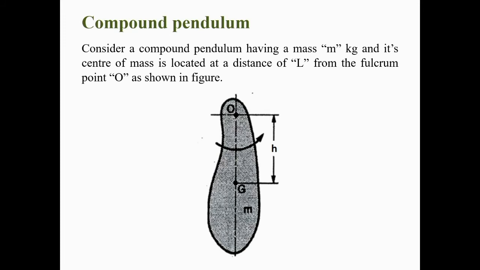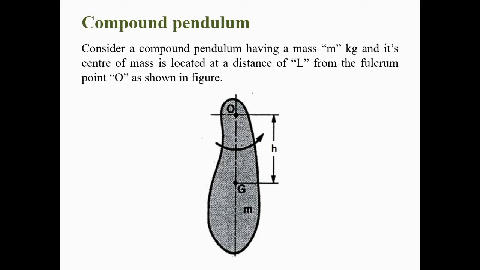If the geometry of the pendulum is known, then we can easily get the mass moment of inertia using the parallel axis theorem. But if the geometry is complicated, then we have to find the radius of gyration and mass moment of inertia using experimental methods like the compound pendulum method, bifilar suspension method and trifilar suspension method, depending on the geometry of the object.